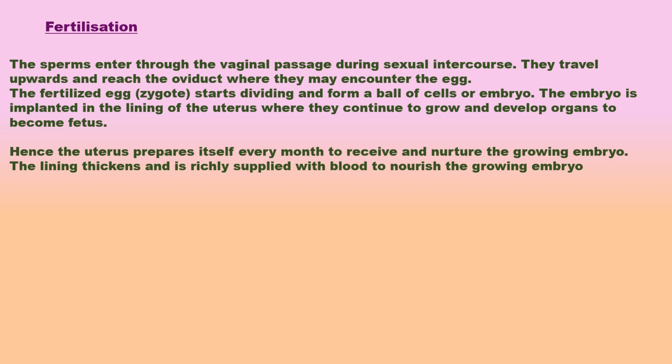One of the oviducts contains an ovum, or egg cell, released by the ovary during ovulation. Only one sperm fuses with the ovum, or egg, in the oviduct to form a zygote. This is called fertilization. Thus, the fertilization of the ovum, or egg, takes place in the oviduct.